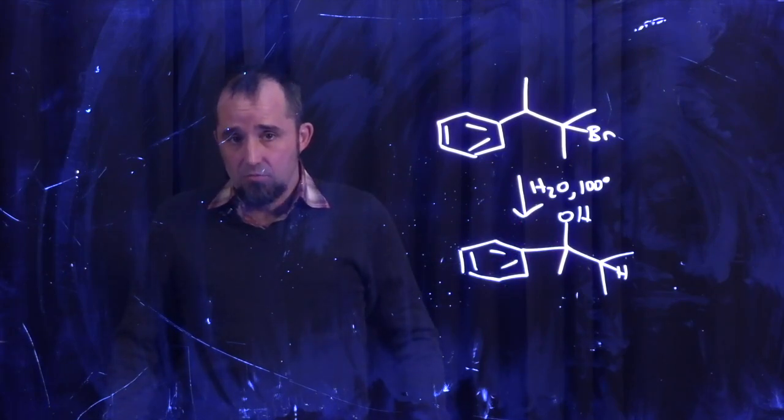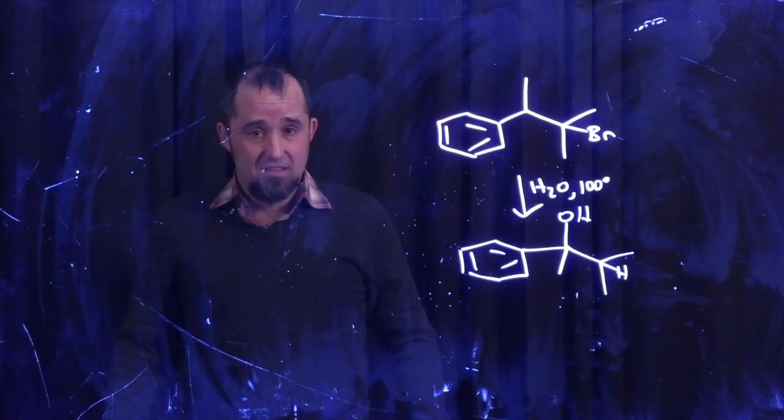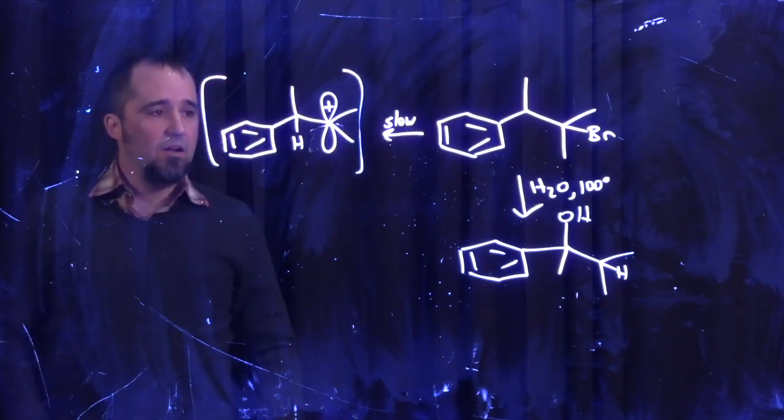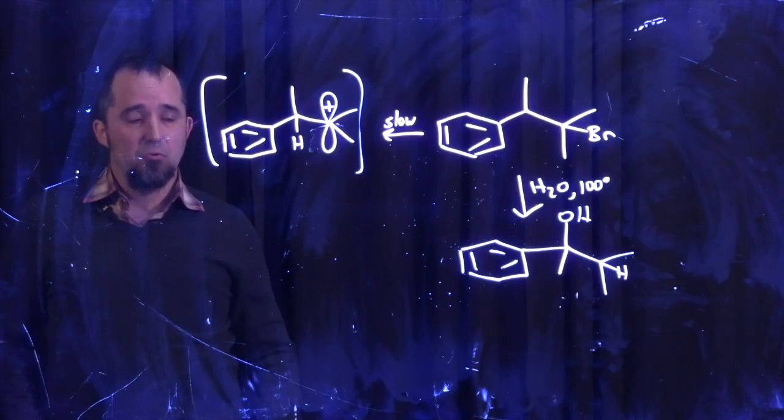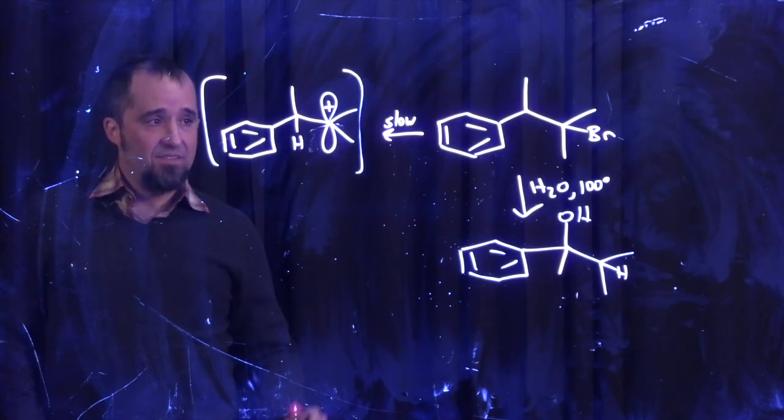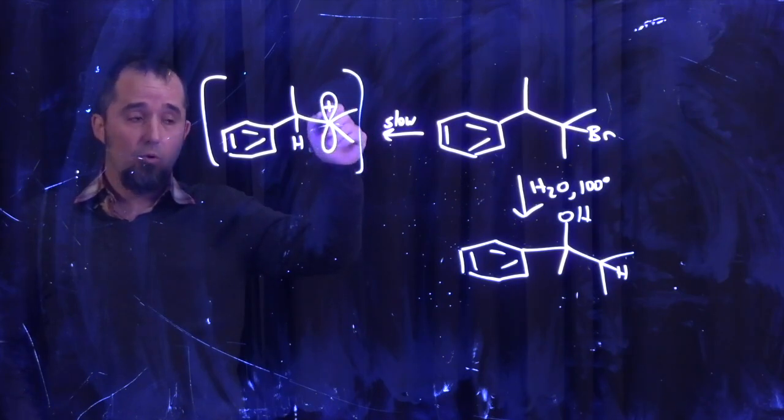Why did it move? Well, first let's draw the cationic intermediate that would be formed first in the slow step of this SN1 reaction. So here is my cation. Again, it's tertiary. It's relatively easy for me to make it. The problem here is this is a really electron poor carbon.